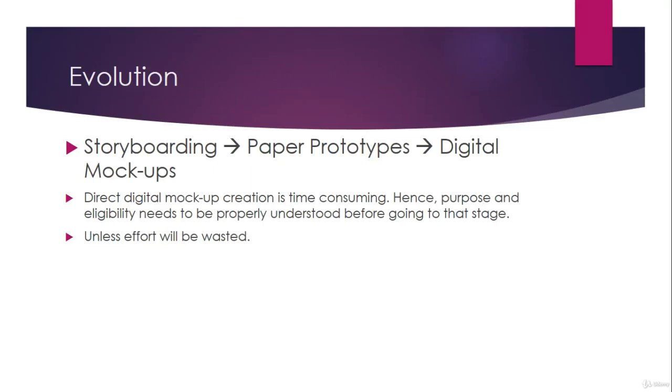A lot of refinements might have taken place during this transition, and we have reached the final stage of digital mockups. So it's like creating wireframes, or you could use various software, or maybe the finally intended software and its IDEs, to come up with the digital interface layouts, right?